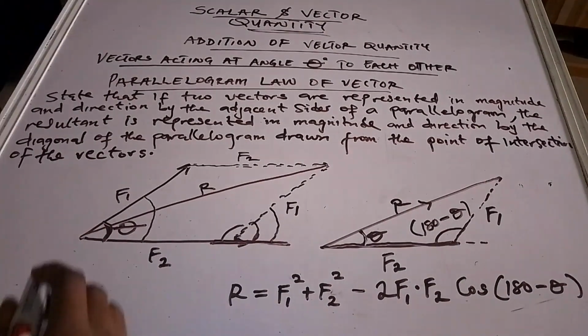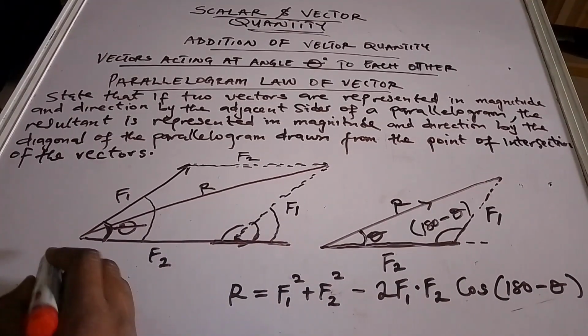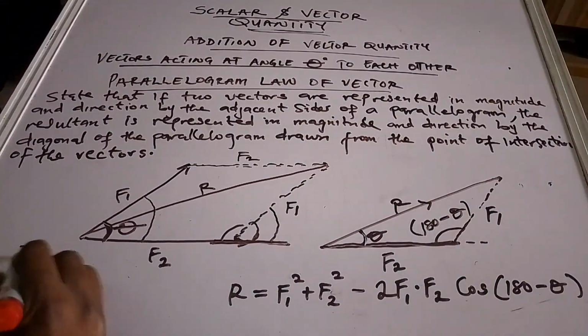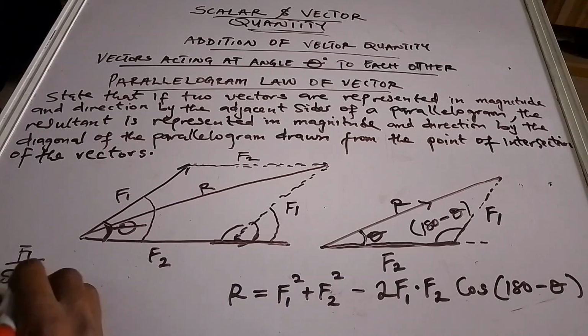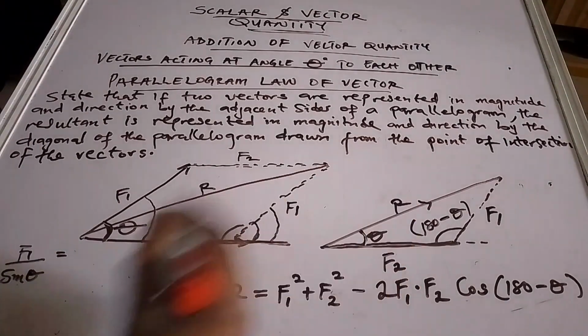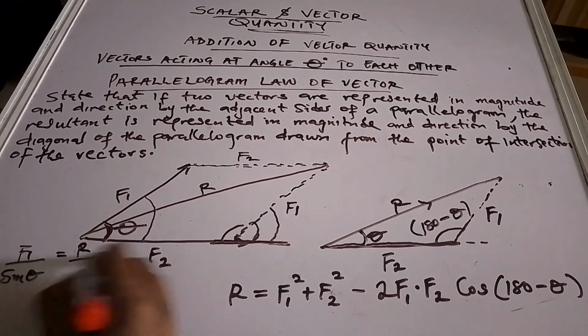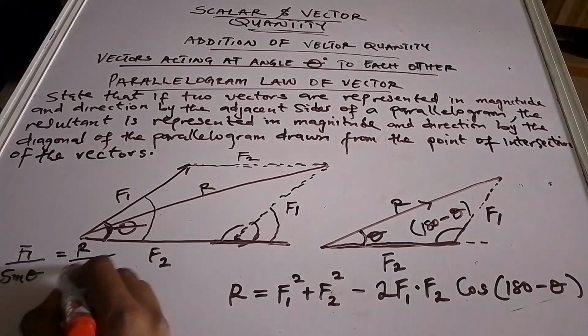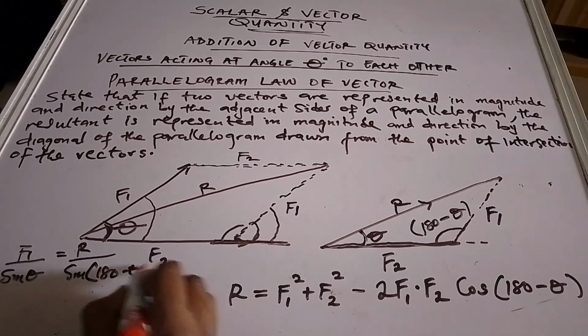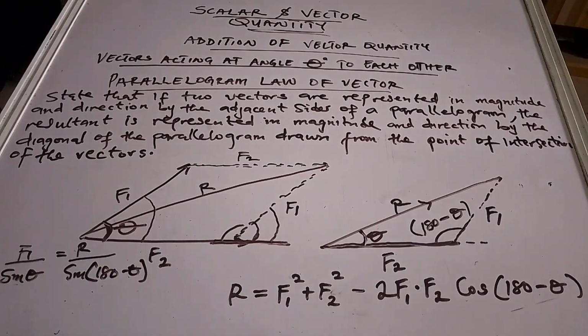Let me write it like this: F1 over sine theta equals R over sine of 180 minus theta, and so on. So the relationship of this one is what we call the sine rule.